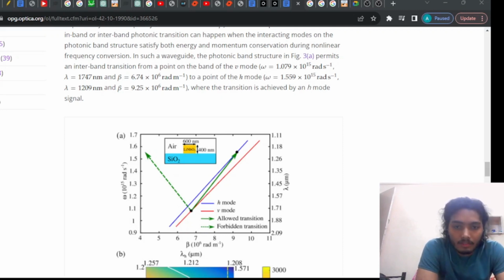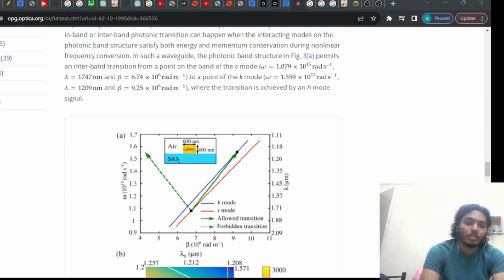If we are choosing this omega, this is some corresponding beta, close to 7 into 10 to the power 6, and another omega h has a corresponding beta which is close to 9 into 10 to the power 6.